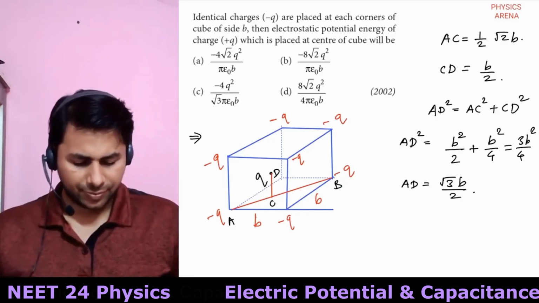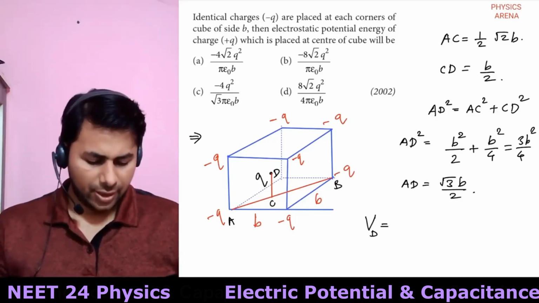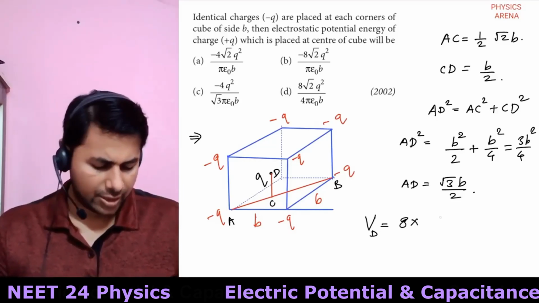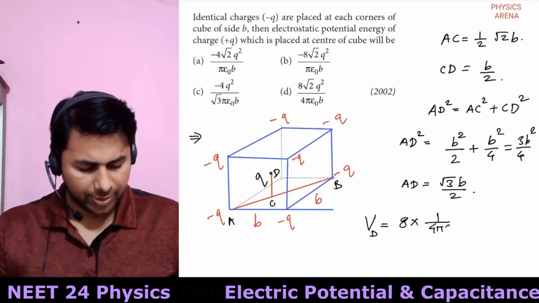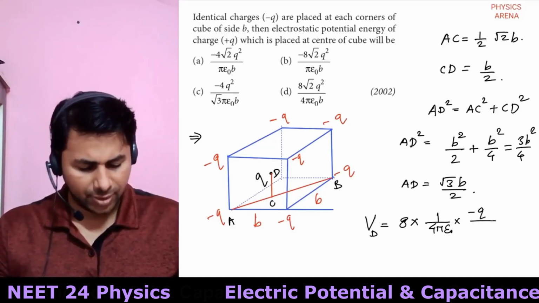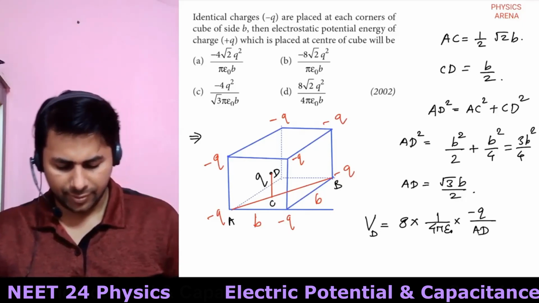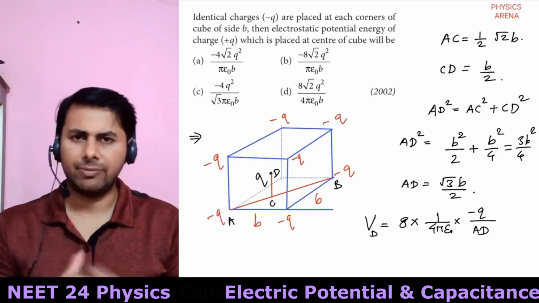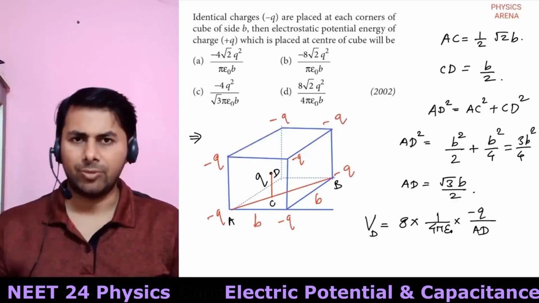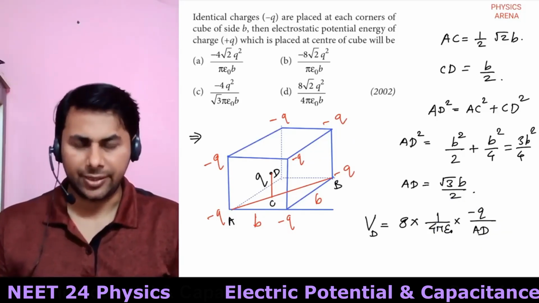So total potential at the center, let's call the point D, will be 8 times 1 upon 4 pi epsilon naught multiplied by the charge minus q upon distance AD, because the center is at the same distance from all the charges. So that will be the total potential: potential due to one charge multiplied by the number of charges, which is 8.